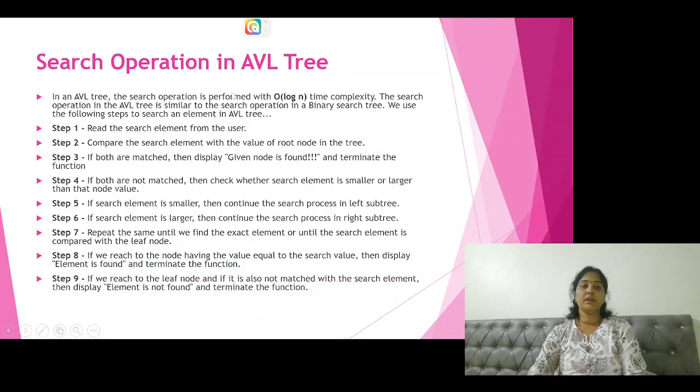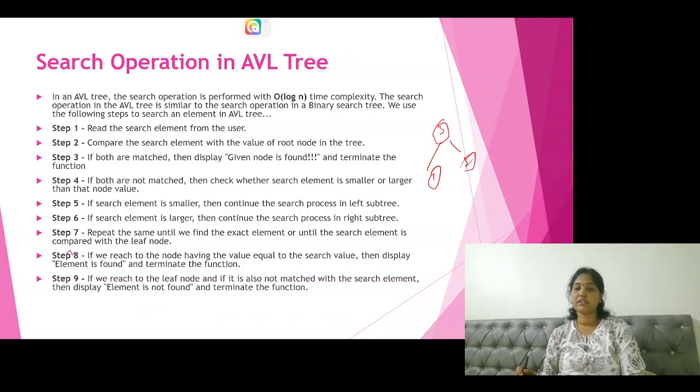Search operation in an AVL tree: because it is a balanced tree, first of all it is a binary search tree, so initially you can understand whether you need to traverse the left side or the right side. Read the search element from the user. Compare the search element with the root. Let's say your tree is something like this, and you are searching for 2.